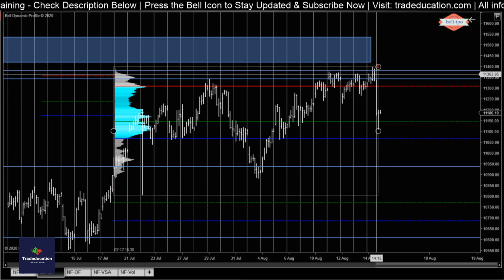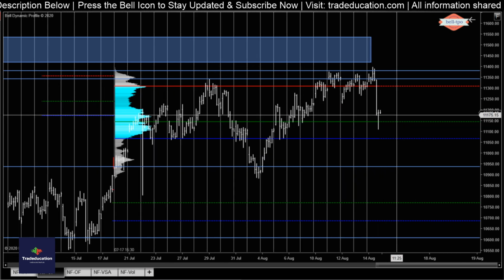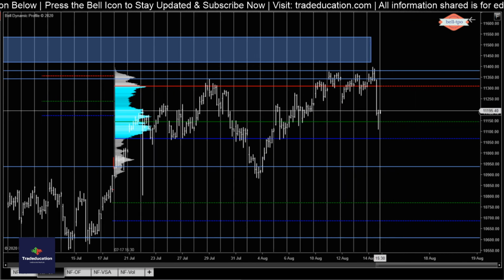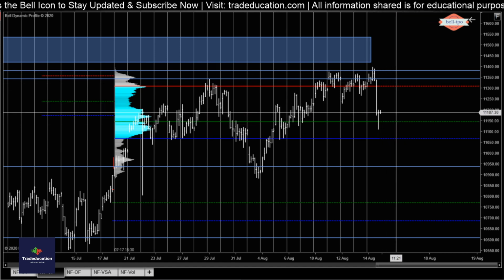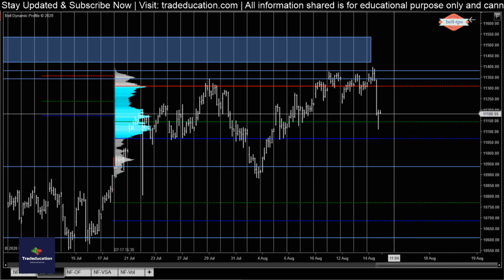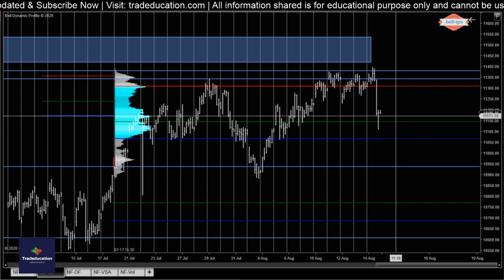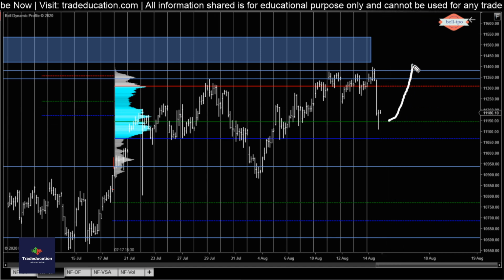Because of this sharp down move, every retail trader would think the downfall has started, and they will try to short, and again they will be absorbed. The supply will be absorbed, and then buyers will step in, and we might see further continuation to the upside.